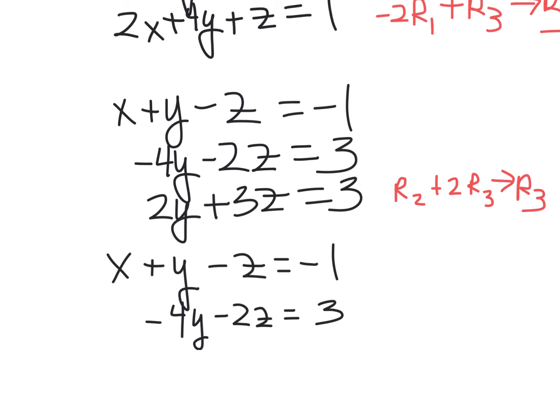This plus 2 times that, and again I just mentally do the calculation of the one that is going to get eliminated just to be sure. -2 plus 3 is 6, or let's see, -2 plus 6 is 4z equals, on the constants, 3 plus 2 times this is 6.